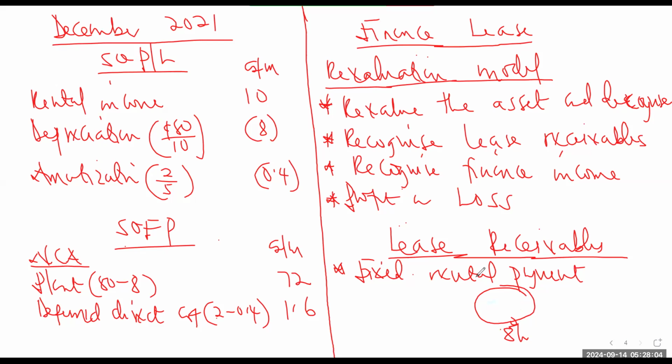So what will happen again is that there can also be what we call a variable payment. Okay, when do we have the variable payment? The variable payment will come in when they say that, included in the lease arrangement, there is 5 million that is subject to inflation increase.